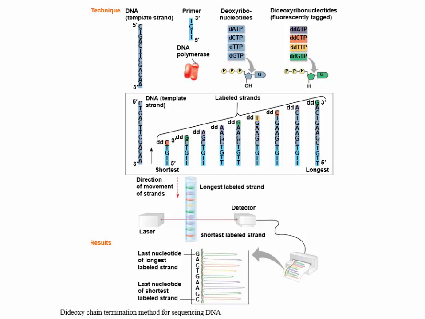So here we are. There are techniques, and they're right here. Here is the most famous technique, the dideoxy chain termination method for sequencing DNA. You have a DNA template, you have a primer, and then you have deoxyribonucleotides, and you also have dideoxyribonucleotides, which are fluorescently tagged.